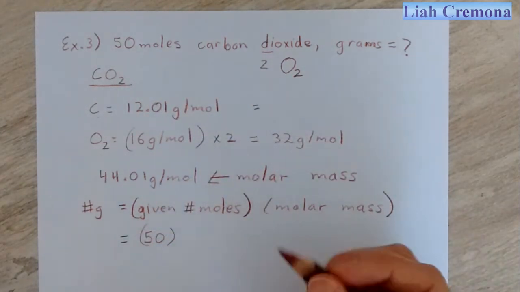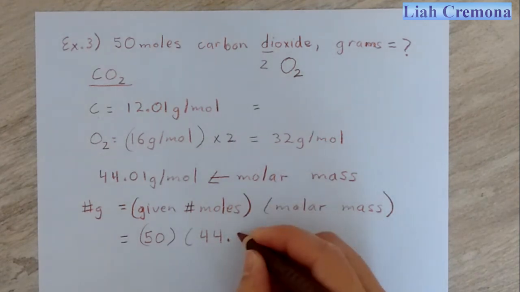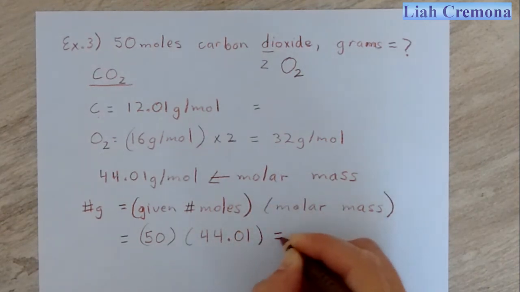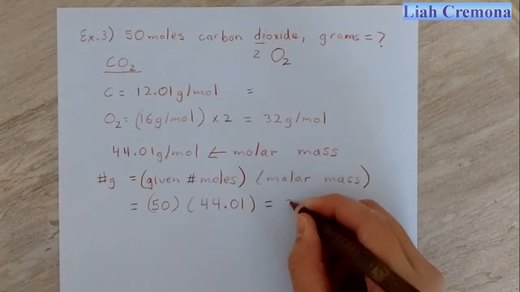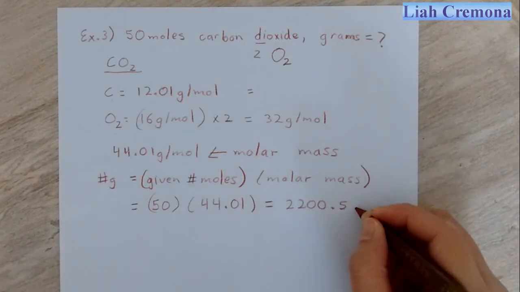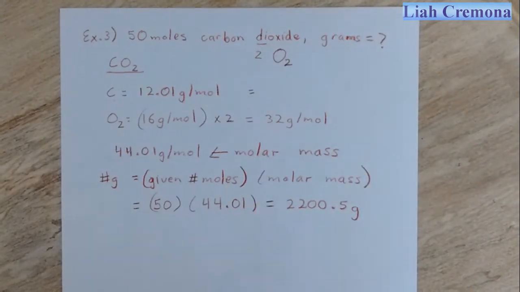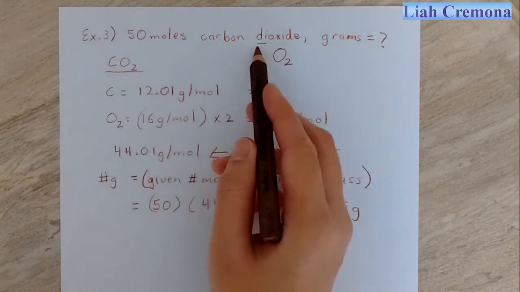And we multiply that by the molar mass, which is 44.01. This yields 2,200.5 grams. So there are this many grams in 50 moles of carbon dioxide.